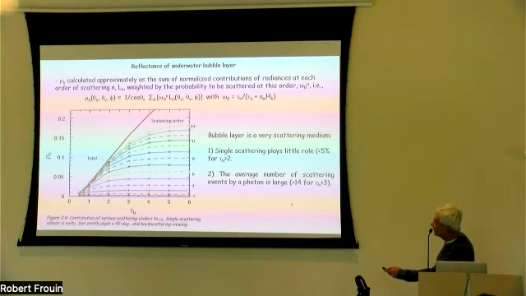And here there is a plot of rho b as a function of power here. And these are the contribution of the different orders of scattering.